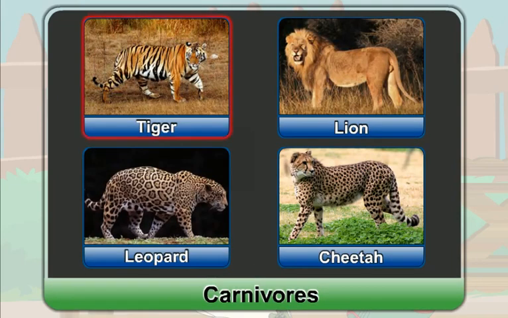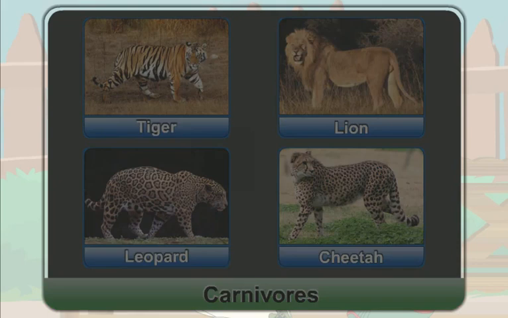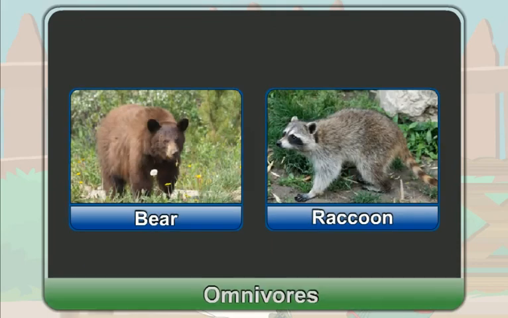Carnivores like a tiger, a lion, a leopard, and a cheetah depend on other animals for their food, don't they? Similarly, omnivores like a bear and a raccoon depend on both plants and animals for their food.